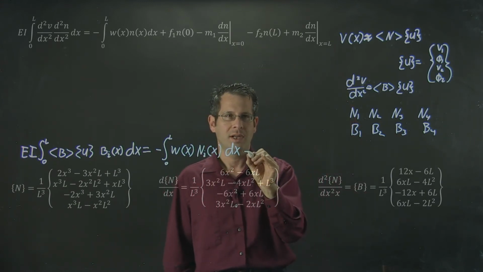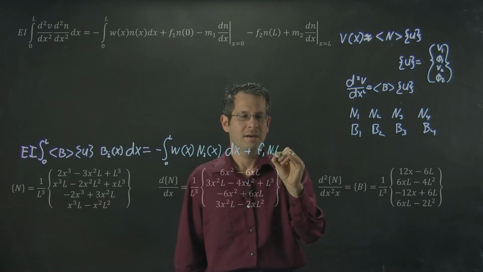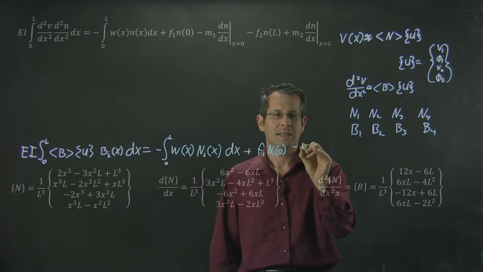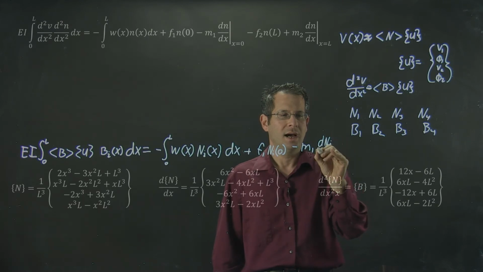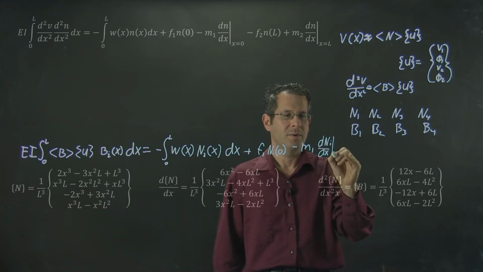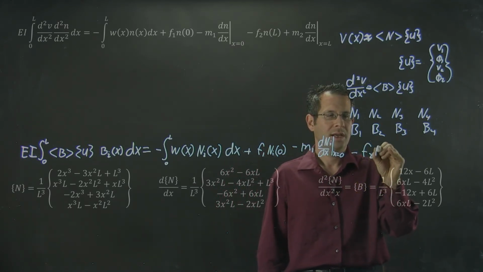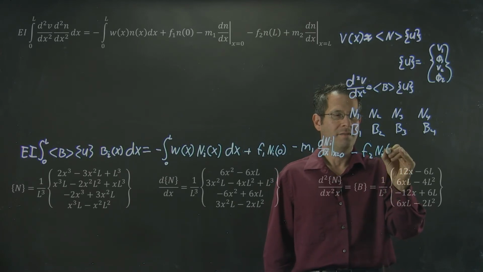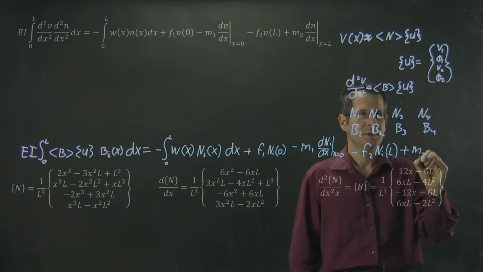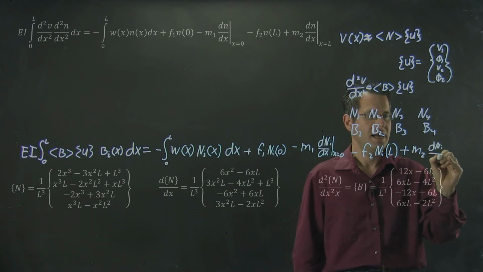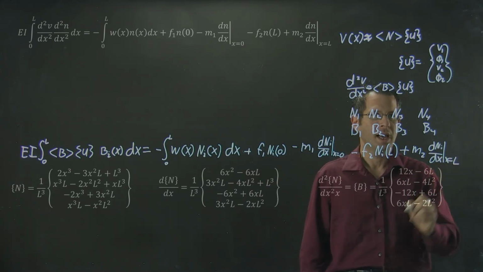So this will be plus F1 N_i evaluated at 0 minus M1 dN_i/dx evaluated at x equals 0 minus F2 N_i evaluated at L plus M2 dN_i/dx evaluated at x equals L.